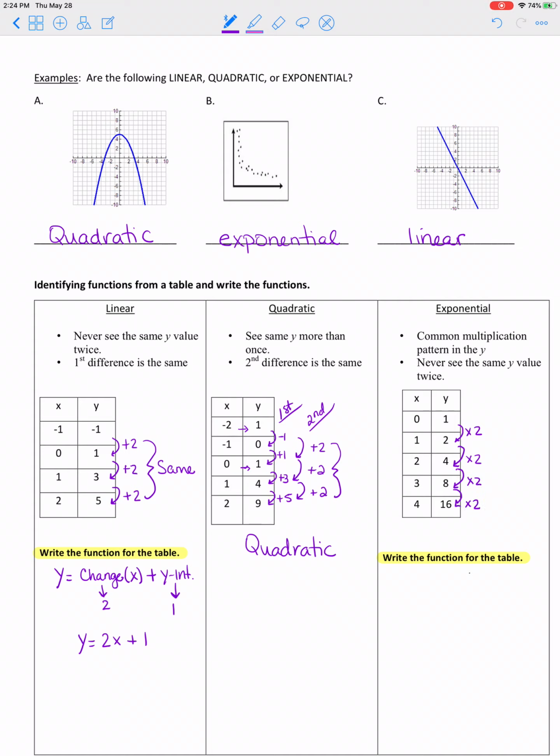So you have the same multiplier there. When you're writing exponential functions, you're going to have y equals your y-intercept times that change to the x power. So in this case, my y-intercept is 1 times my change is 2 to the x. So this is y equals 2 to the x.